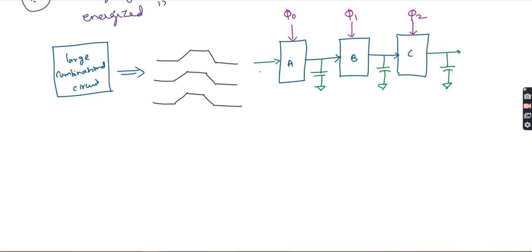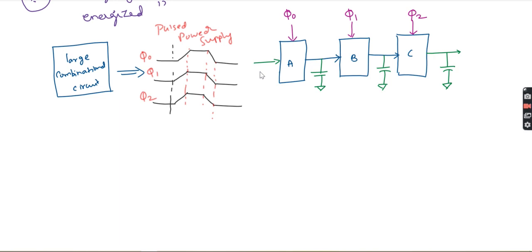See here in this figure, all are the same. This will be your phi 0, phi 1, phi 2. These are called a pulsed power supply.